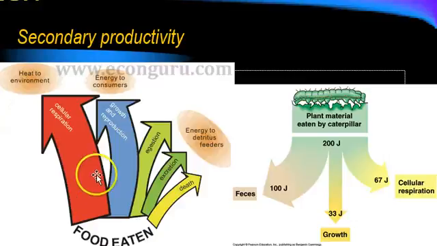So once again here, a lot of that energy and a lot of that mass is going to get lost to the environment, either out through heat from cellular respiration, or when something eats it, it's going to lose biomass that way, and eventually it will be returned to the environment in any case. But any biomass that it holds onto, in other words, any ways that it grows its body, that's really secondary productivity. Any way that it's storing those molecules and building up that biomass is your secondary productivity.